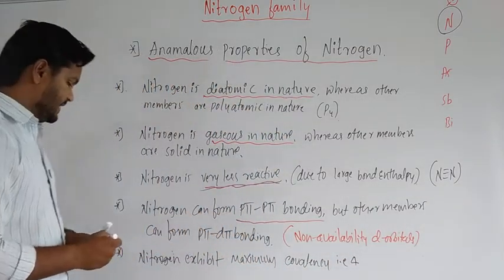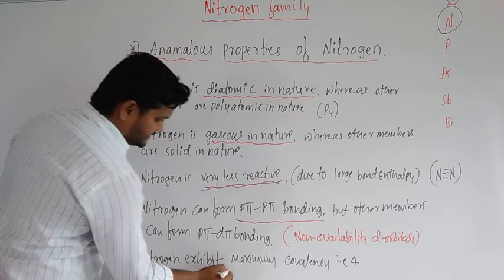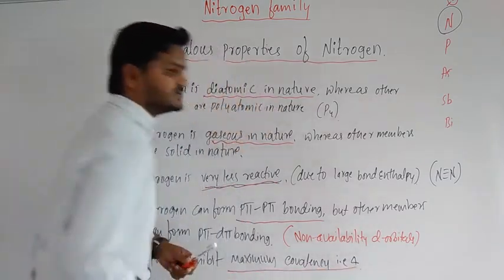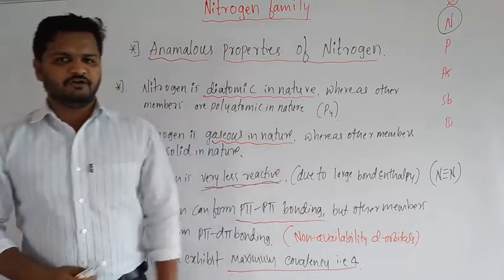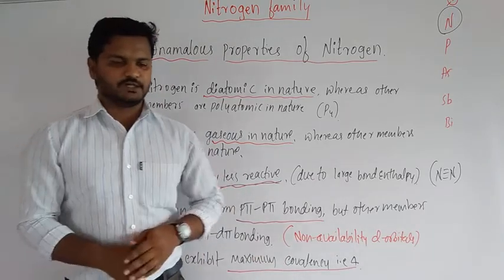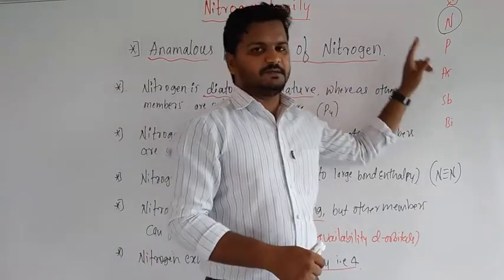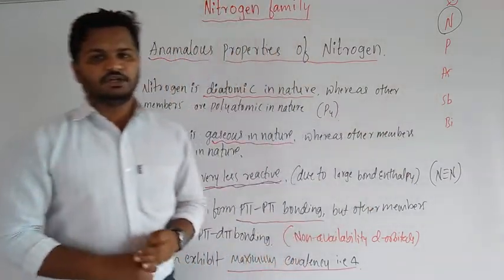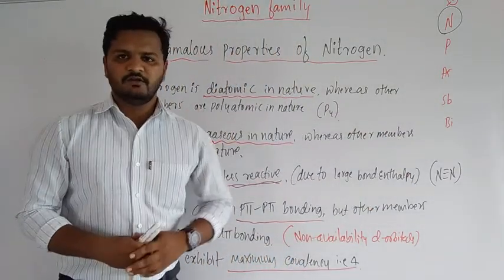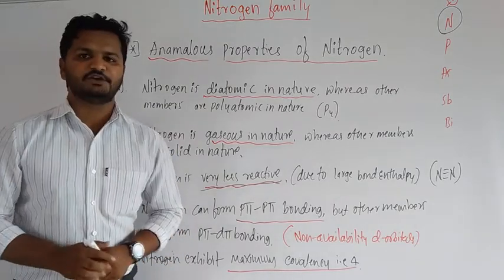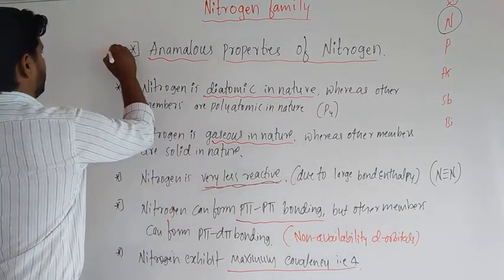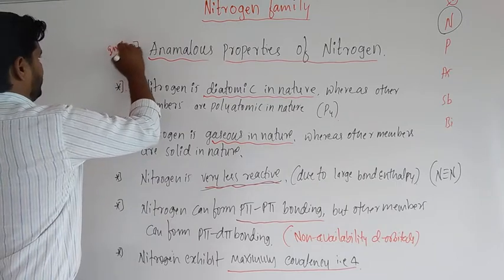It is also due to the non-availability of d orbitals in nitrogen. But other family members, phosphorus, arsenic, antimony, and bismuth, show covalency more than 4. So this is about the anomalous properties of nitrogen, and it is very important for your annual examination.